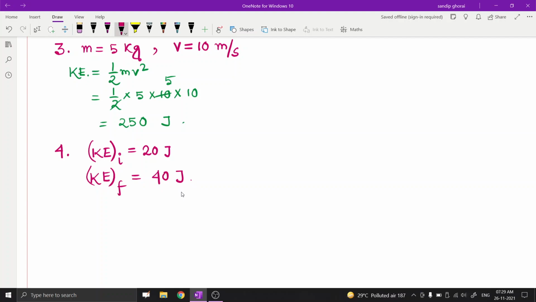Now the question is, what is the percentage change in kinetic energy?